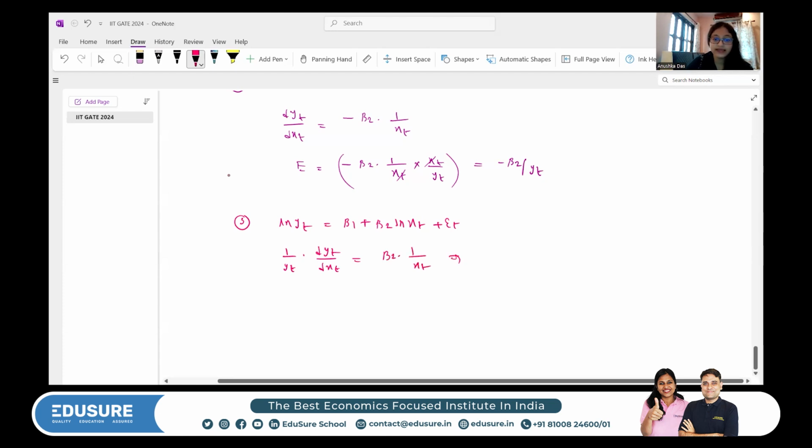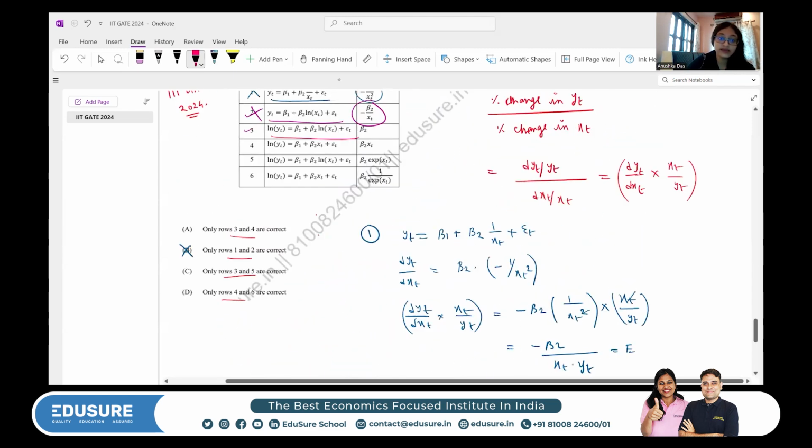If you take this XT on the left hand side, it will be XT upon YT into dYT/dXT, and this will be beta 2. This is nothing but your elasticity expression. So elasticity is beta 2 for this model 3. Now if you see this table, the elasticity is correctly specified, right? So row 3 is correct. Now we have to check 4 and 5, which one is correct.